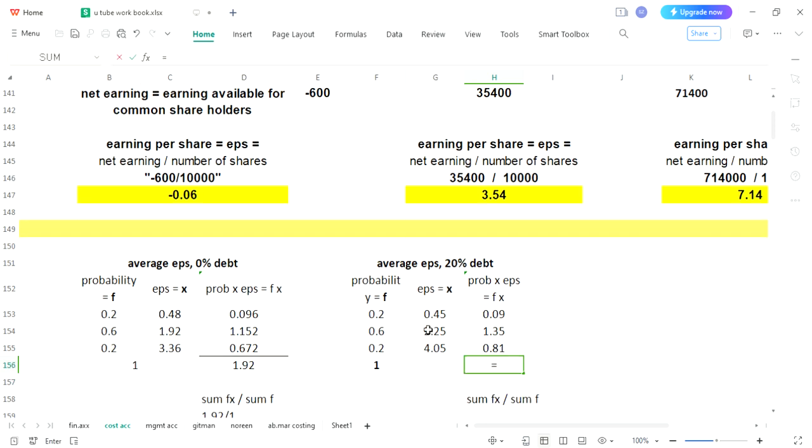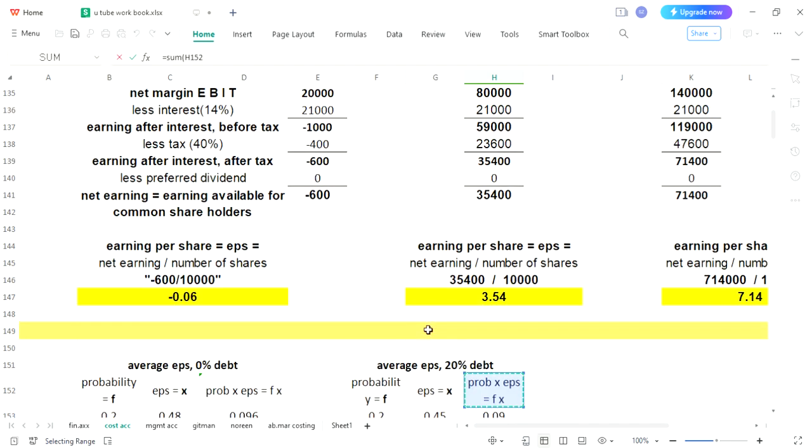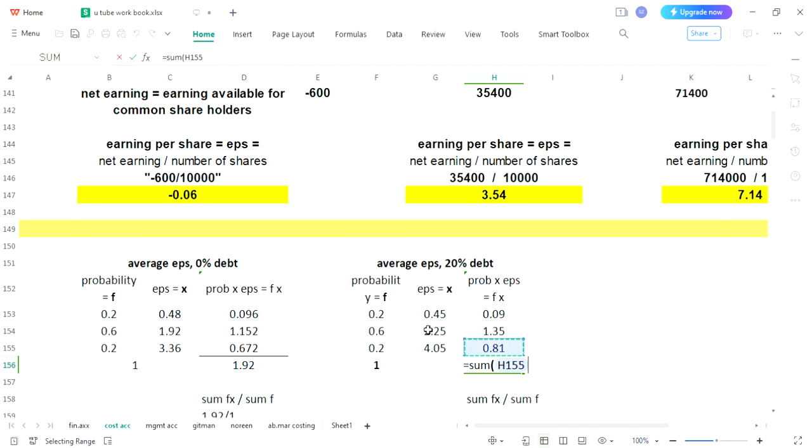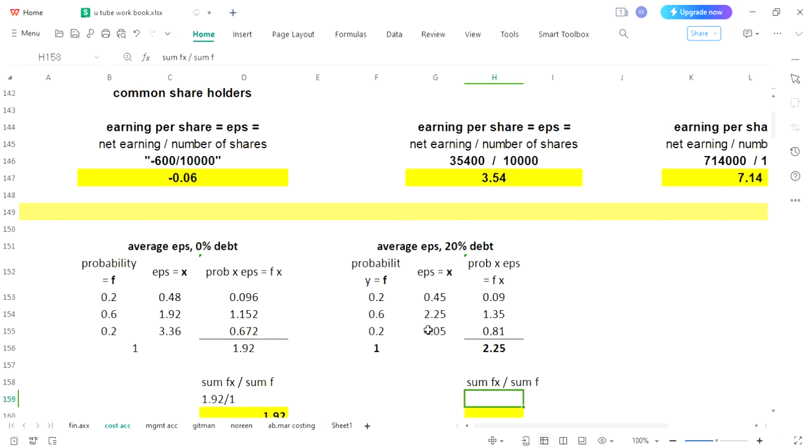Now we will take the sum of fx by adding all points over here. We need to add these 3 points. Alright, the sum has been calculated. Now we will divide sum of fx with sum of f. Sum of fx is 2.25, and we need to divide it with sum of f, which would always be 1.